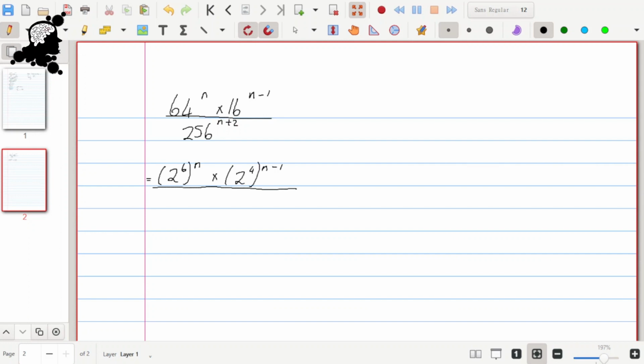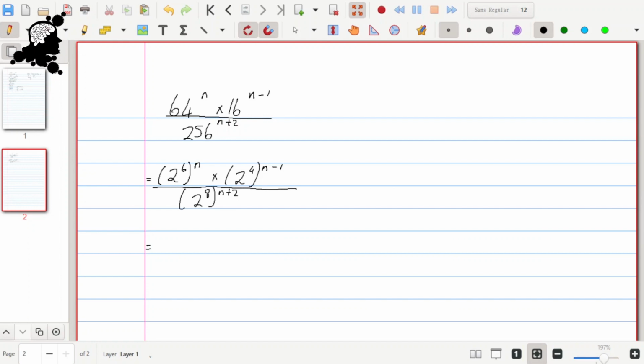Divided by 256 as a prime number, that's 2 to the power 8, to the power of n plus 2. First step complete. We made sure that all of our bases are prime numbers.